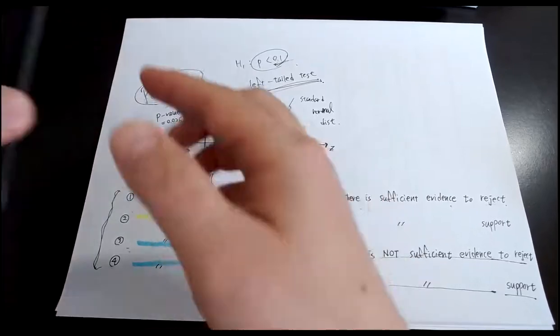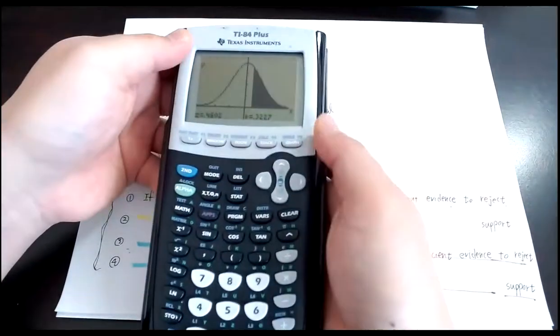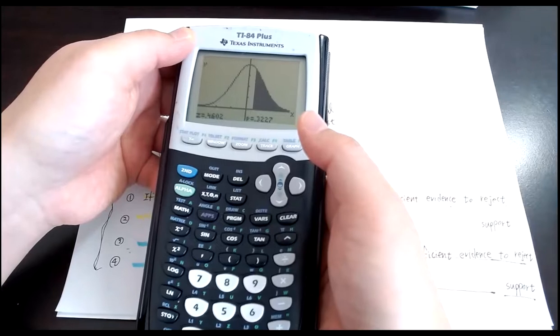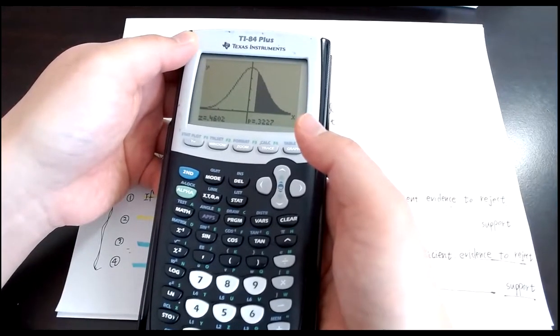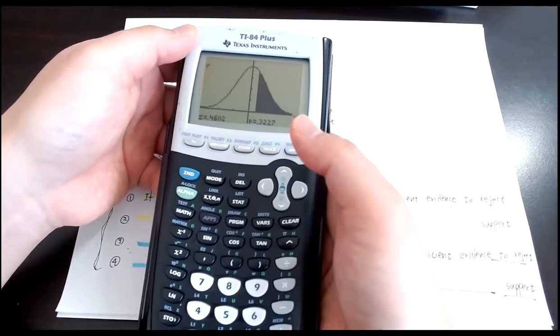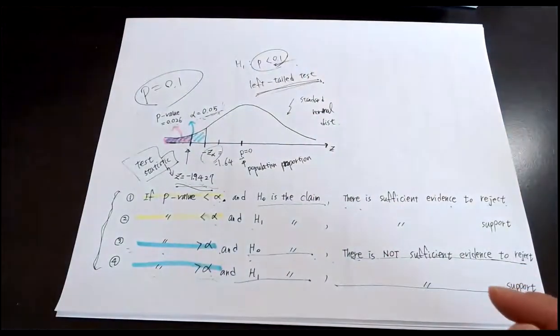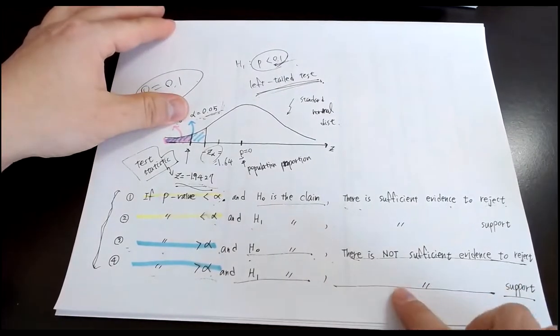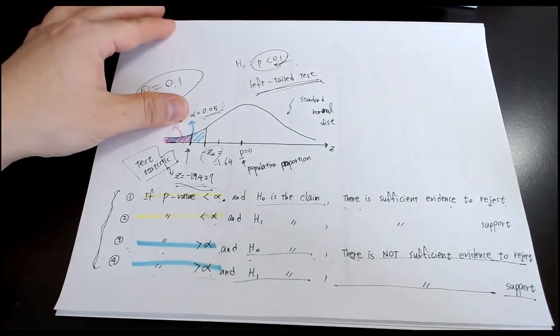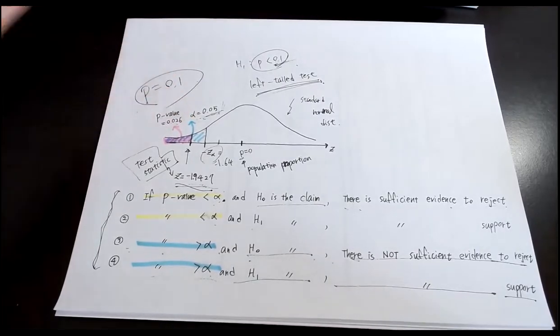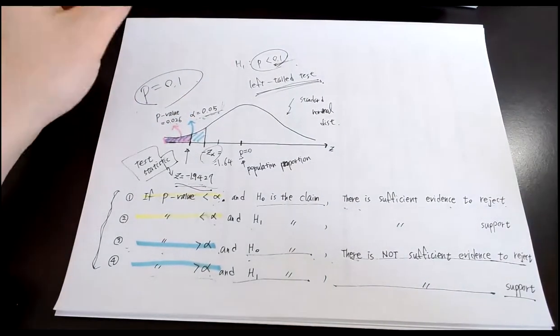Keep in mind, we got this under the assumption that H sub 0 is true, which means the population proportion is 0.25. So there is not sufficient evidence to support the claim that more than 25% of adults feel comfortable in a self-driving vehicle.